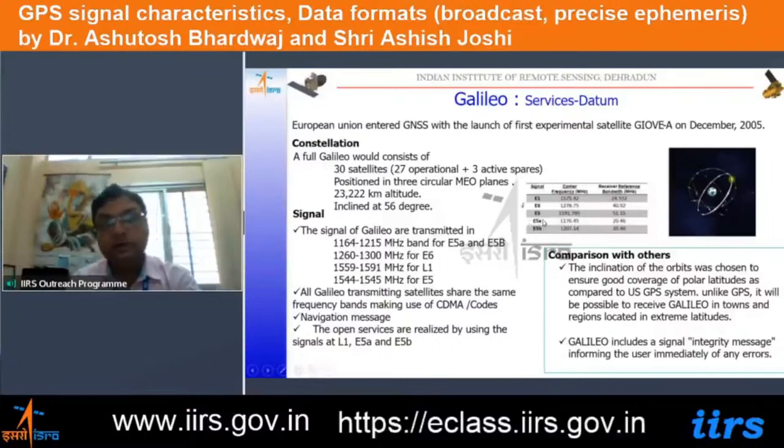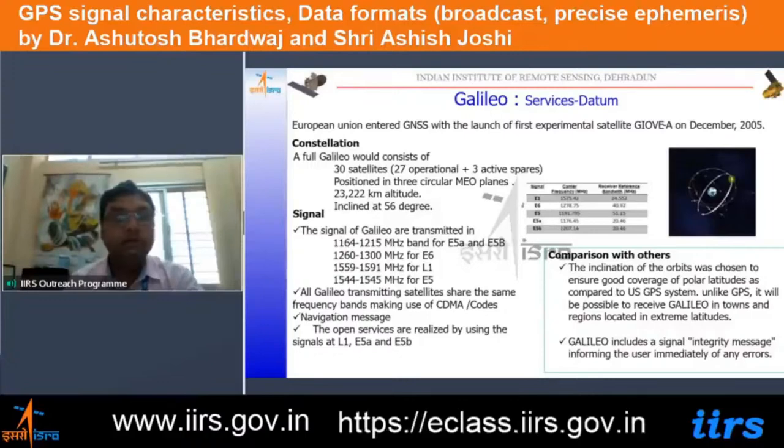E5A is the same as the L5 band. So most of the satellite systems used in navigation have either L1 as a common band between various services or L5 as a common band in the various services.